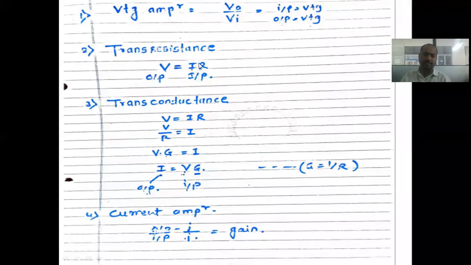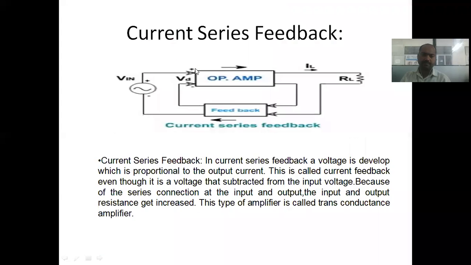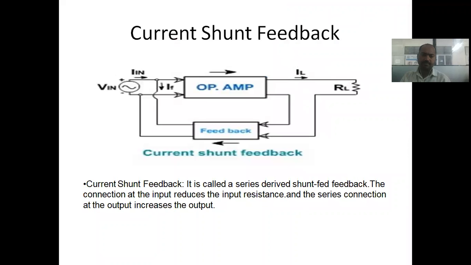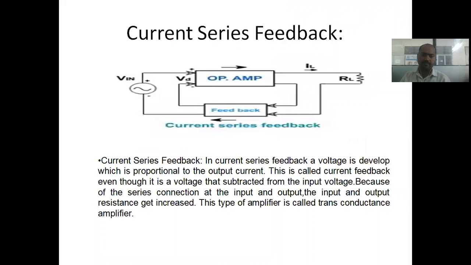See, trans resistance type of the amplifier, we have applied the current, right?